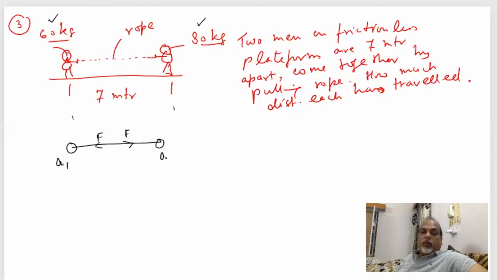Suppose this person is accelerating towards this person with acceleration a1 and this is a2. Then of course m1 a1 will be nothing but m2 a2, because this force will be the same. Correct?